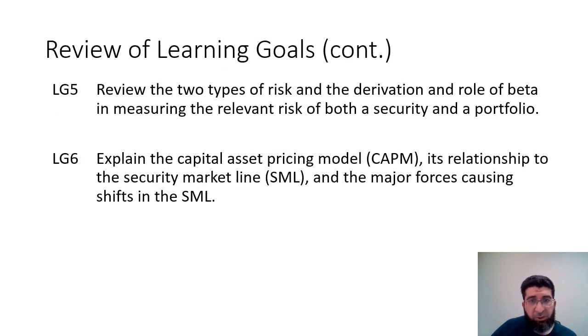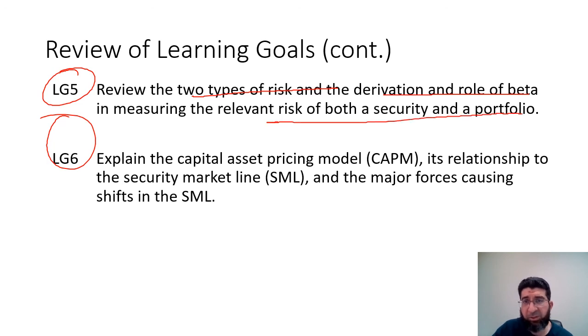So in this chapter, the second session, we looked at learning goals 5 and 6. We looked at the two types of risk, the derivation of the role of beta when we discussed the characteristic line, and beta as a relevant risk of both a security and a portfolio. We also constructed the CAPM and the security market line, and discussed overvaluation and undervaluation.